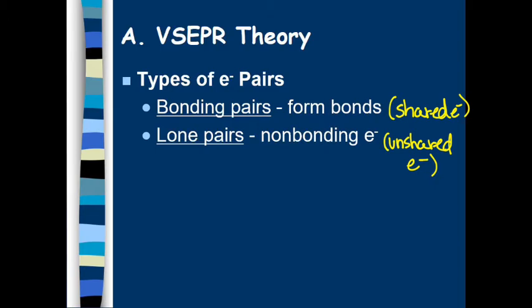Bonding pairs, we will use a dash to represent them. Lone pairs, you will see as two different dots. And two dots make a dash, so if you're sharing, it represents at least two electrons.